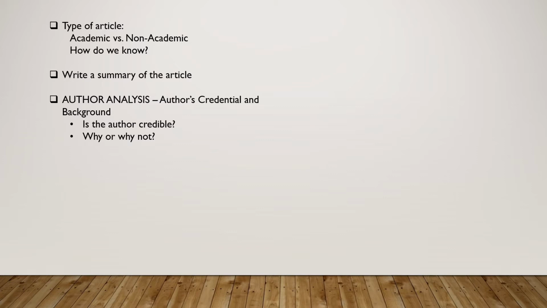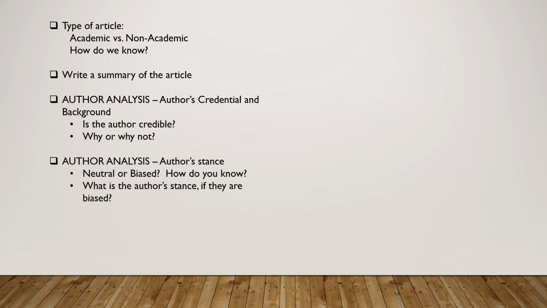And the author analysis was when we analyzed the author, we discussed if the author's credential was credible, what was the author's background, why or why not. We also discussed the author's purpose and who is the intended audience in the author analysis.